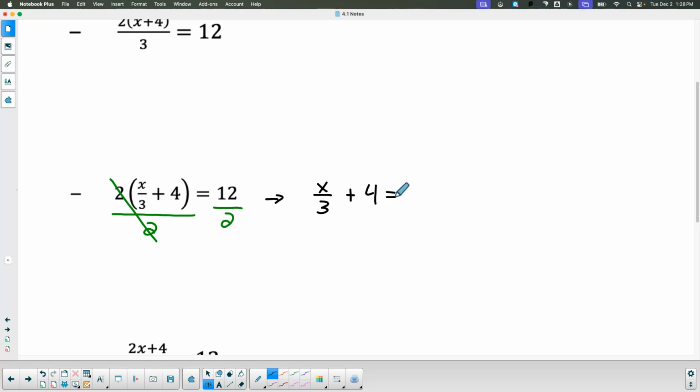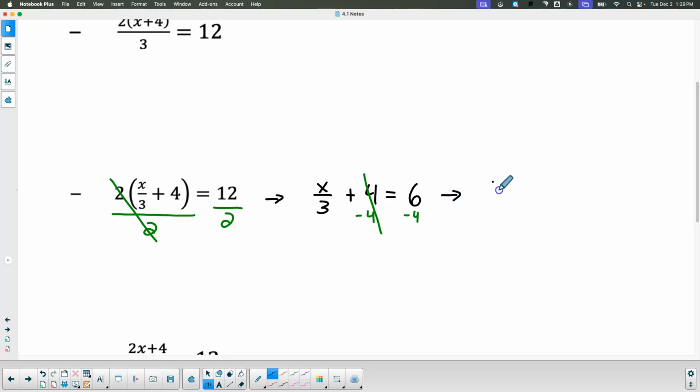And what's on the right side? 6. Okay. What will we do next? Subtract 4 from both sides? That makes this 4 go away. And what do I have left on the left side?